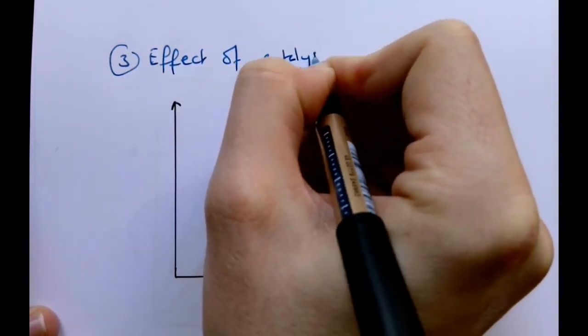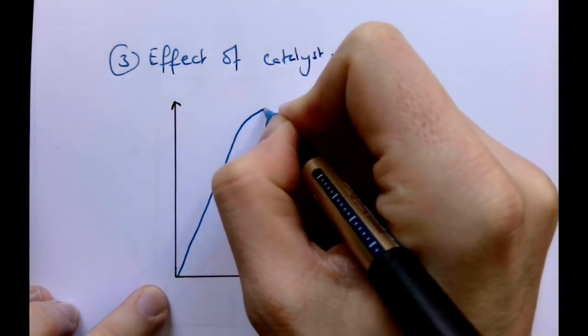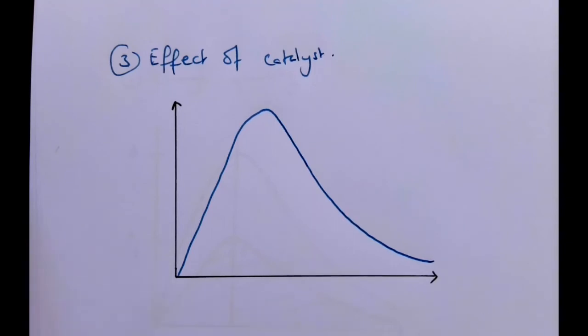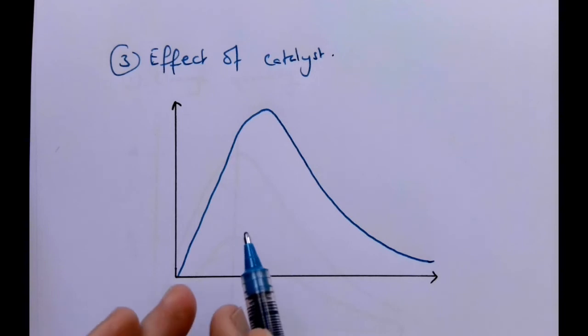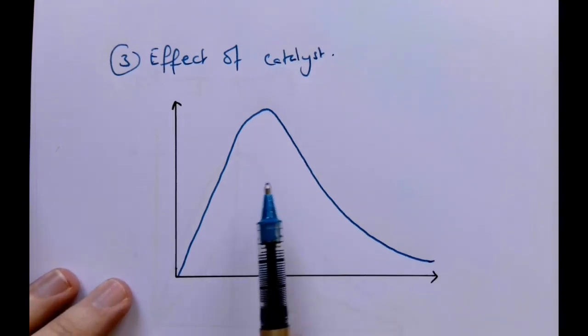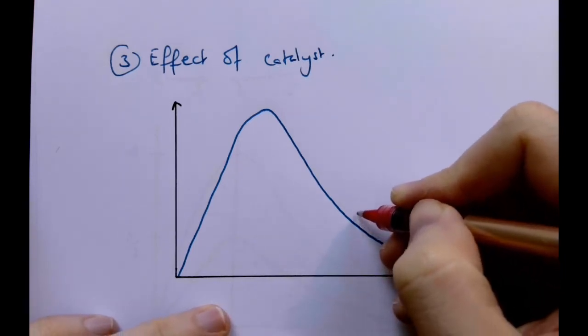We all know that a catalyst increases the rate of the chemical reaction by providing an alternative pathway with a lower activation energy, which means that it doesn't affect the number of particles, so it can't affect the area underneath the graph, and it doesn't affect the temperature, so it can't change the amount of energy that the particles have. So in fact, adding a catalyst doesn't change the graph in any way at all. The particles in the gas still have the same amount of energy and there's still the same number of particles. All it does is change the activation energy.